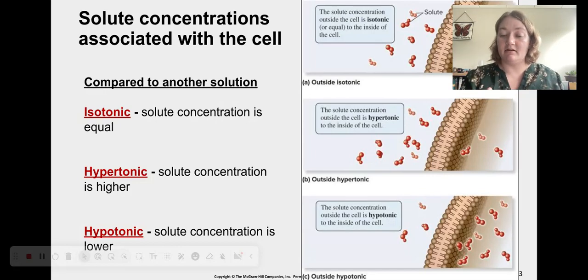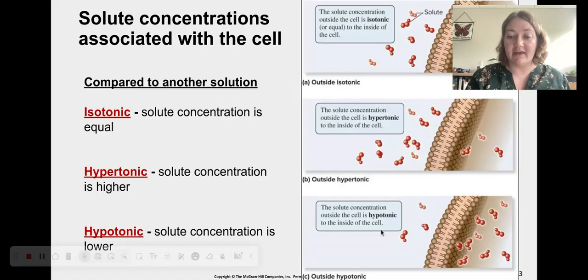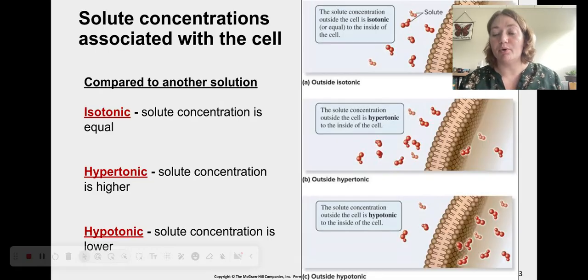Now on the opposite end of this, we have hypotonic. This means the solute concentration is lower on one side of the membrane than the other. So again, if we're looking at the outside of our membrane here, there are fewer solutes, the concentration is lower. Thus, the outside of our cell is hypotonic compared to the inside.